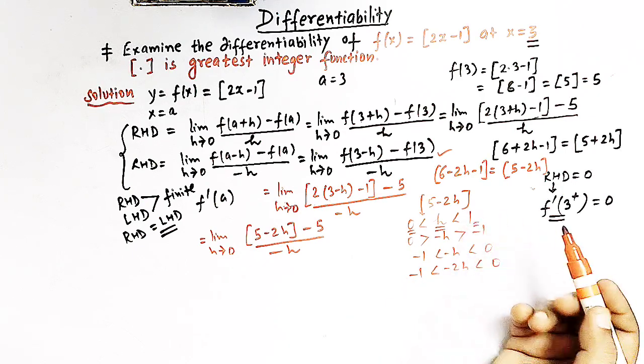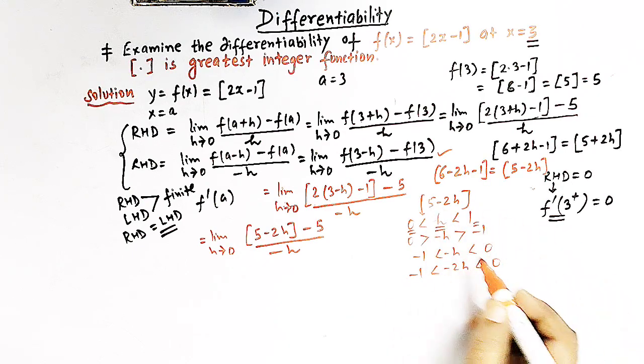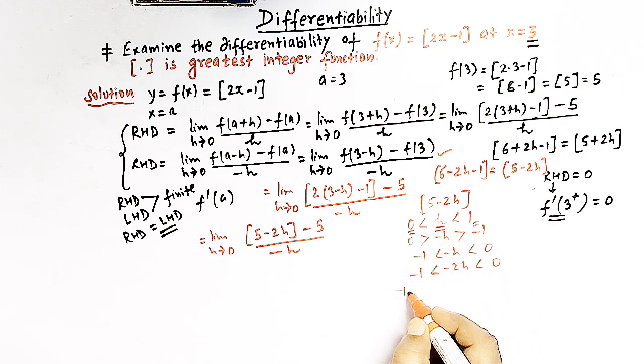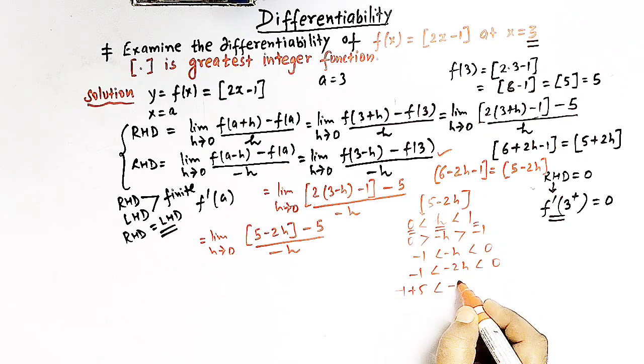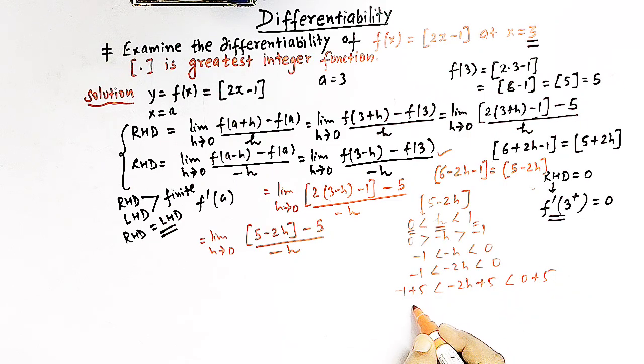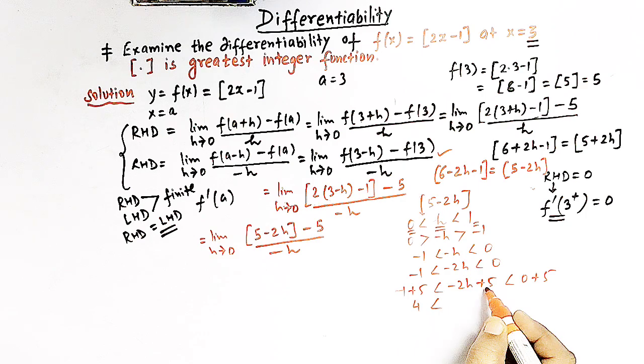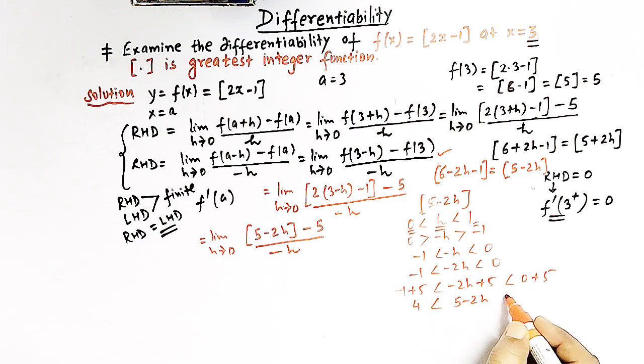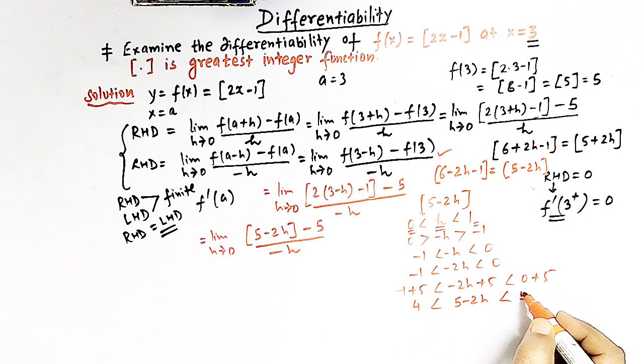Right? So now if we add 5 throughout, then we have minus 1 plus 5, and here we have minus 2h plus 5, and here we have 0 plus 5. So this is 5 minus 1, 4, and here we have 5 minus 2h, and here we have simply 5.